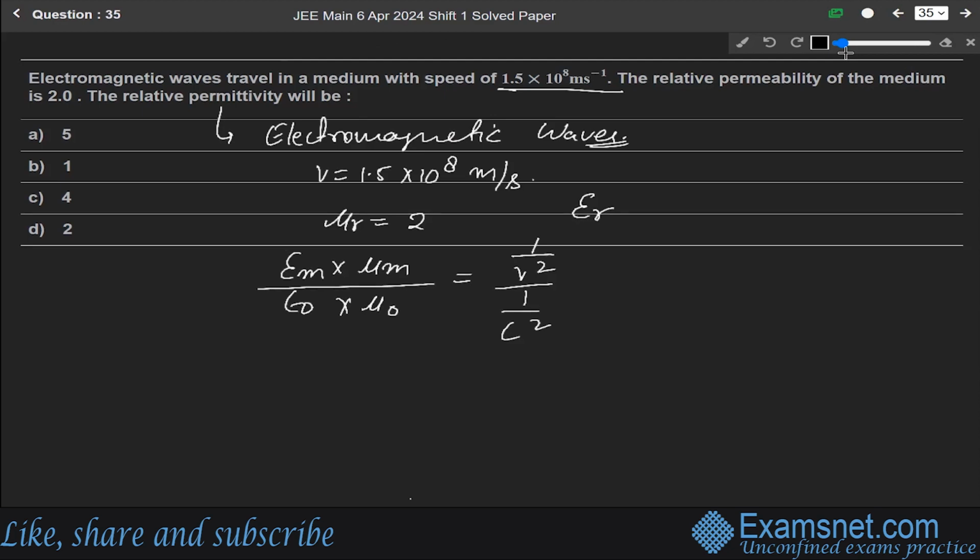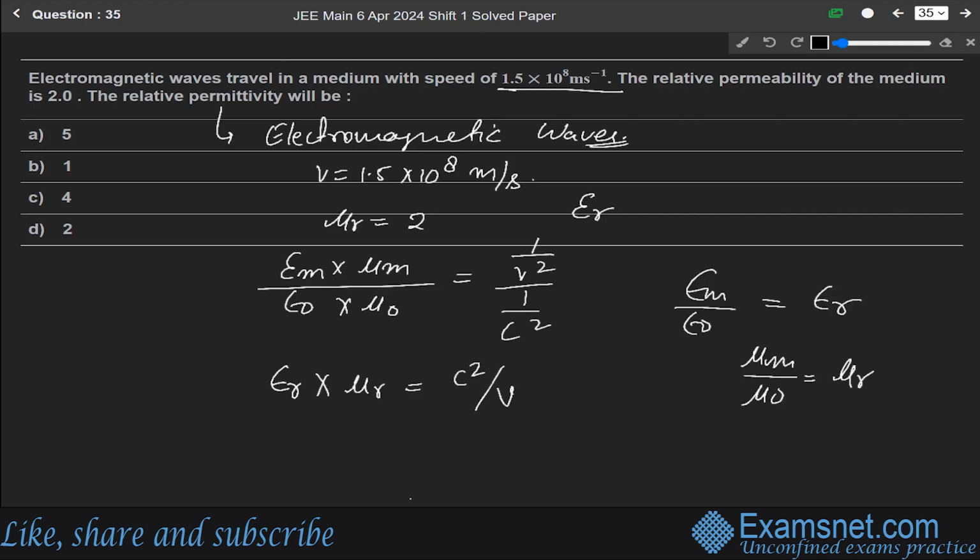We also know that epsilon m over epsilon naught is epsilon r, the relative permittivity, and mu m over mu naught is mu r, the relative permeability. So just put epsilon r × mu r equals c square over v square.